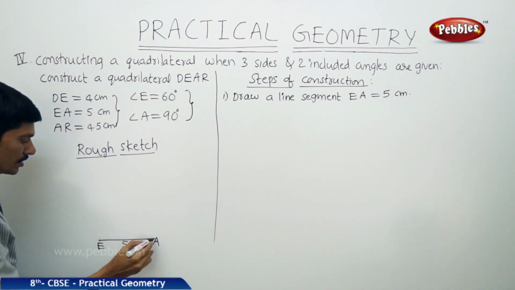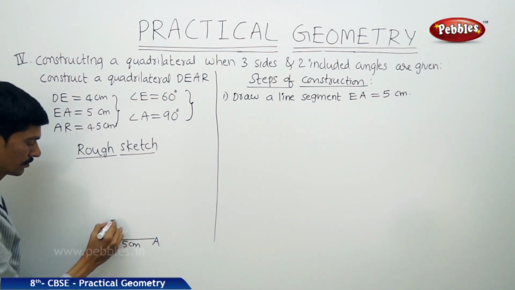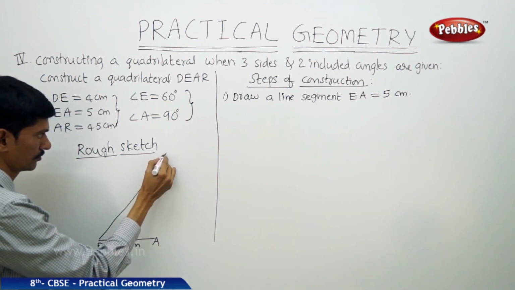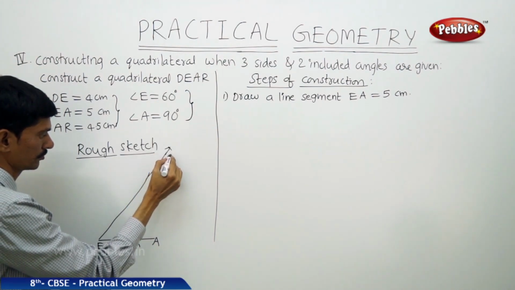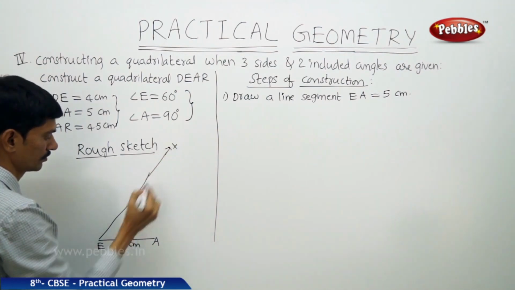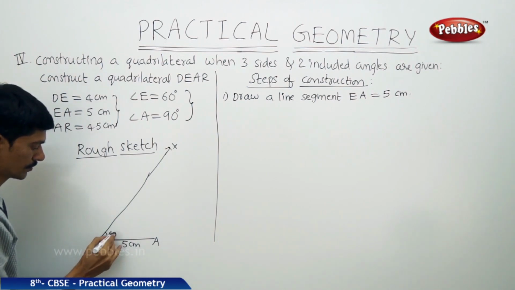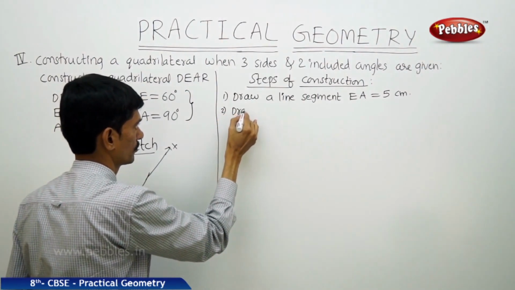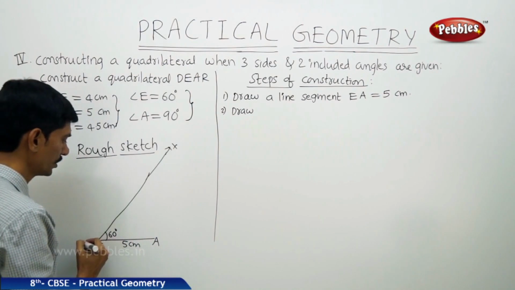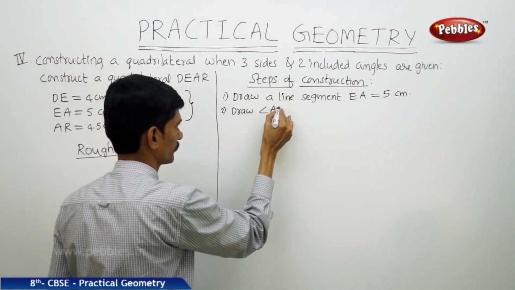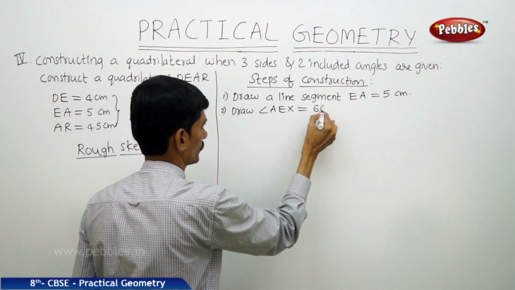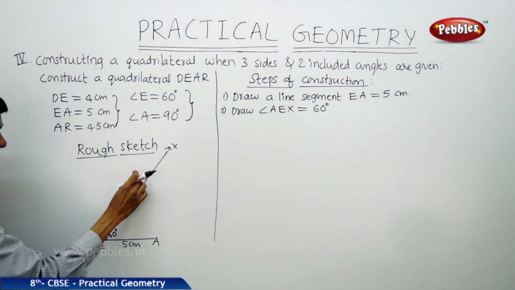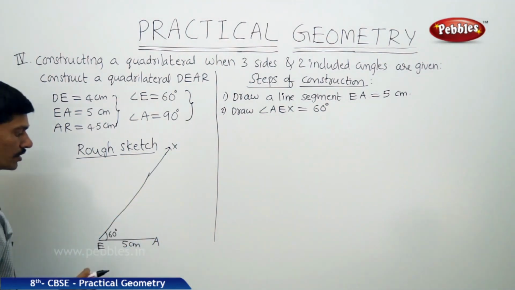So let us draw angle AEX. So this is angle AEX. This is 60 degrees. Draw angle AEX equals 60 degrees. Now DEAR is the required quadrilateral.